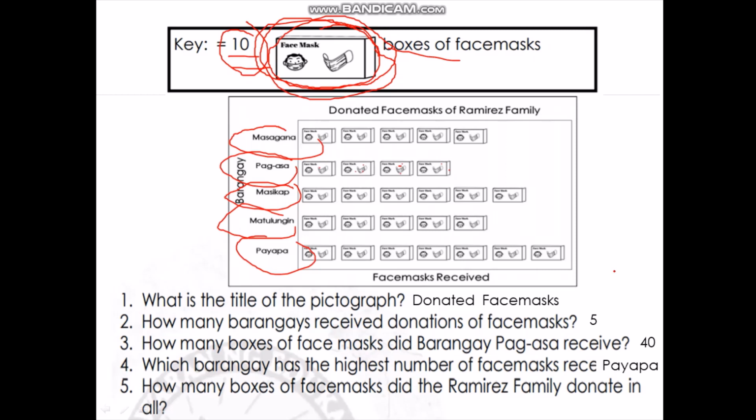Next, number 5. How many boxes of face masks did the Ramirez family donate in all? So, you need to add all of this. Okay? Go.